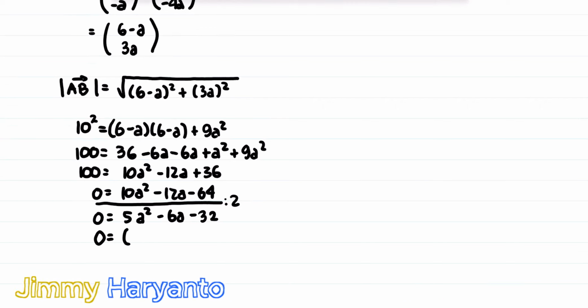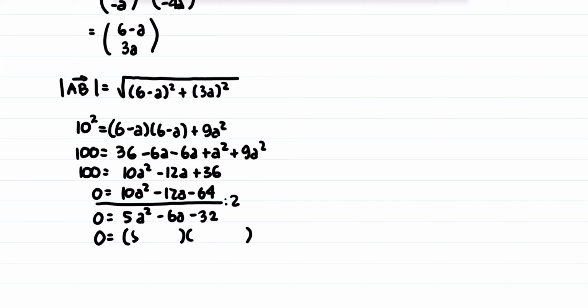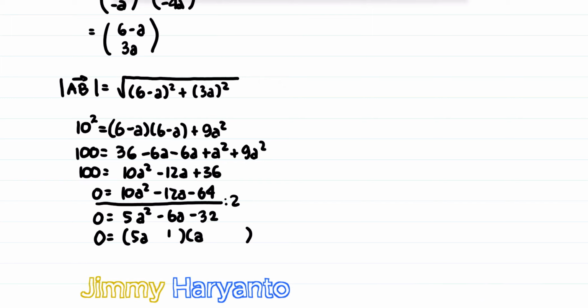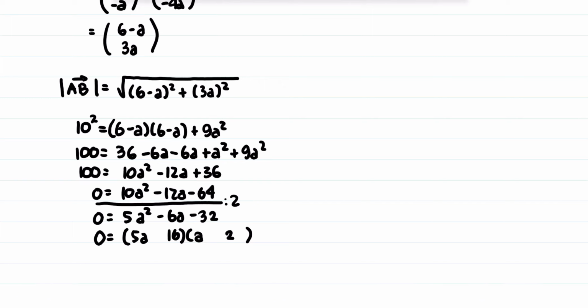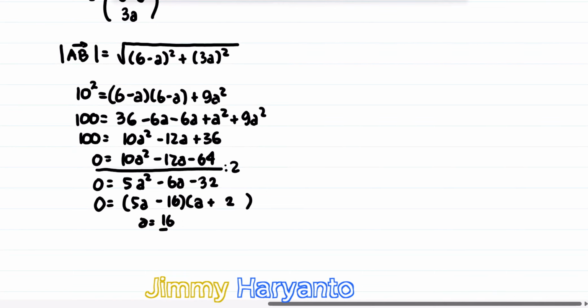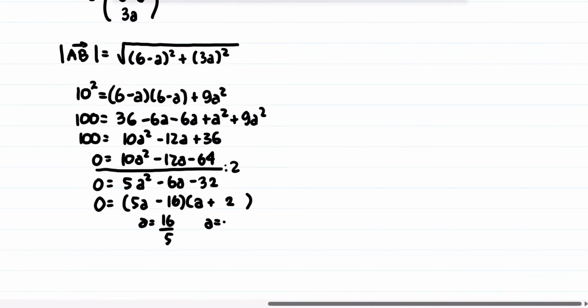Then you only have to factorize it. 5A and then A. This one is 16, this one is 2, and this one is minus, this one is plus. Okay, so A equals 16 over 5, A equals negative 2.